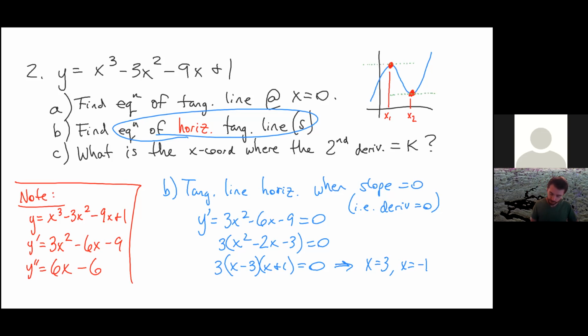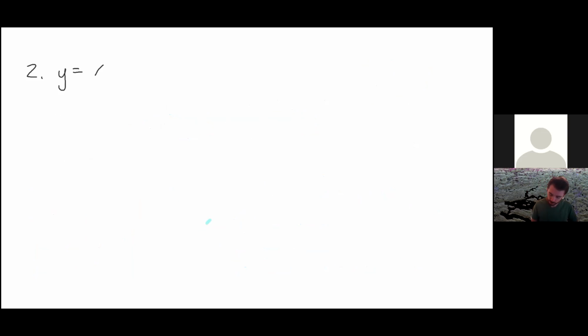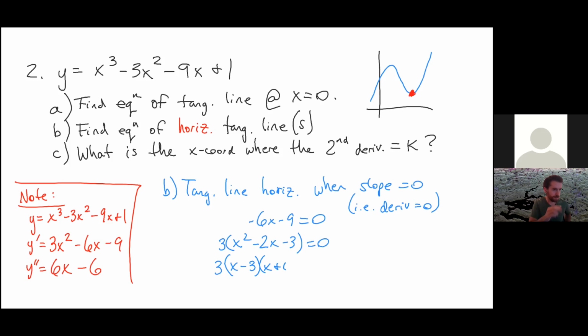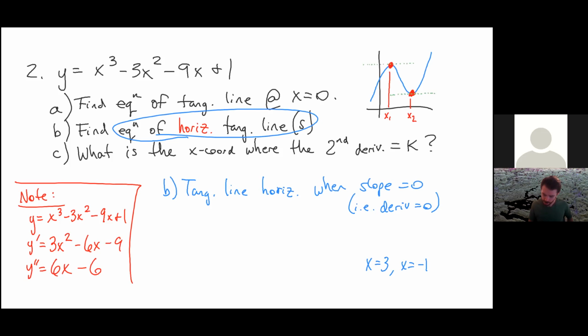Okay, let me erase some of my work. We'll keep the x values down here because I need to remember those. Apologies for it flickering in and out, by the way. Okay, so when x equals 3, what is our y value? And when x equals negative 1, what is our y value?